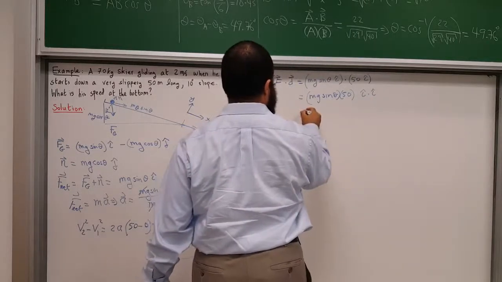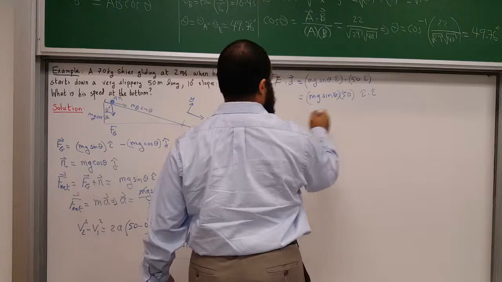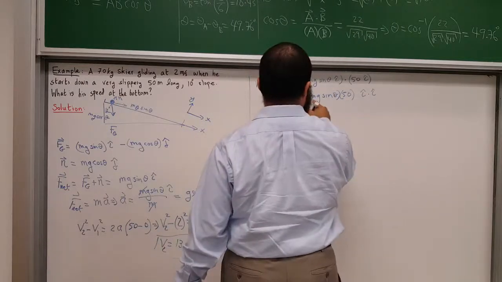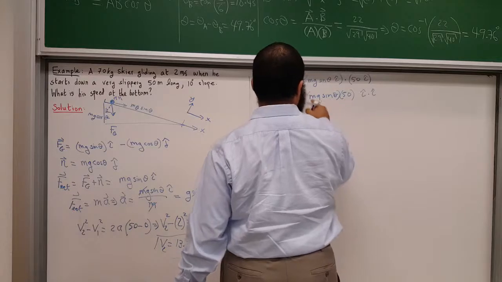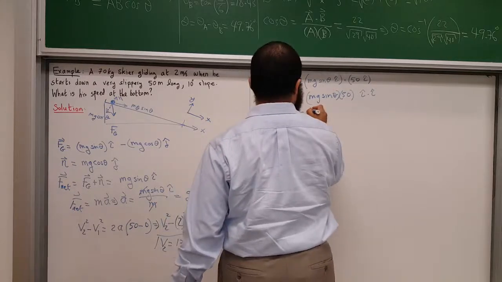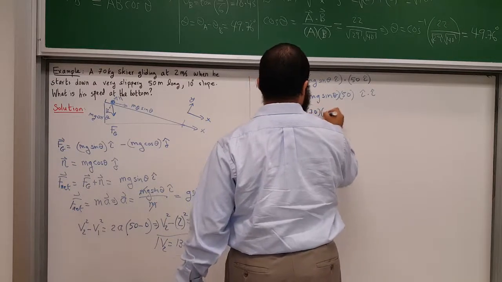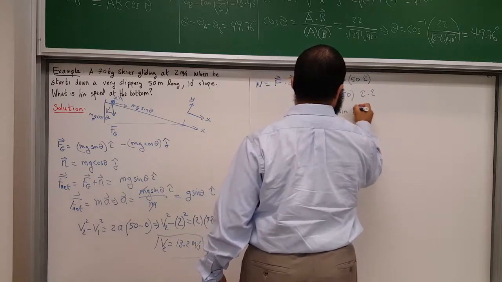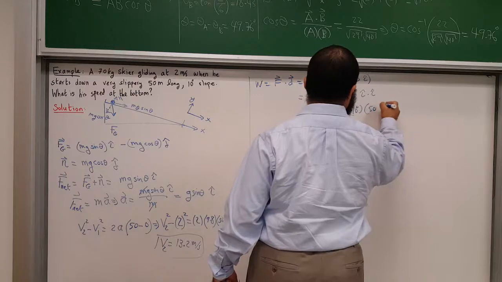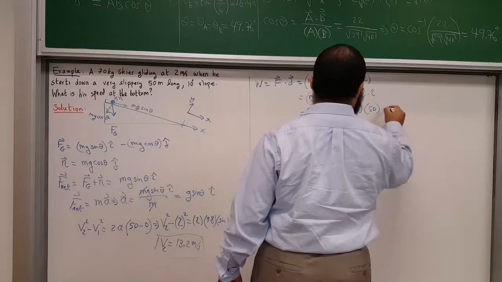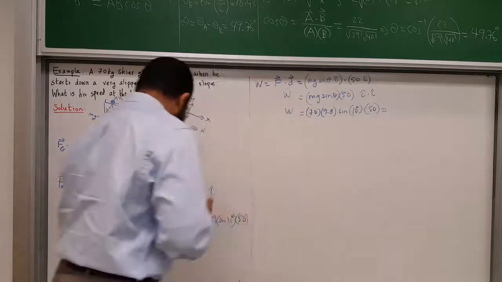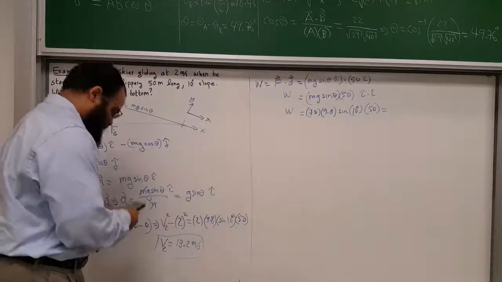And so you get, simply, so this is 1, that goes away, and you get mg sine theta times 50. So the mass is 70, g is 9.8 times the sine of 10 degrees, and then times the 50. All right? And so that is the work done. So let's see how much work we got done.